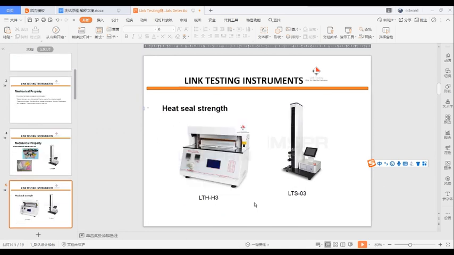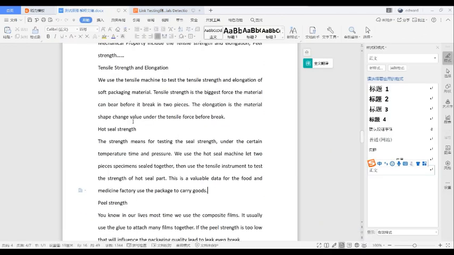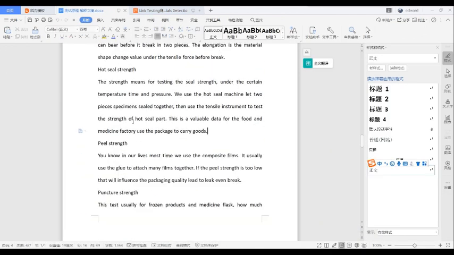Okay. This is the second property. We call it the heat seal strength. What does that mean? Heat seal strength means testing the seal strength at a certain temperature, pressure, and time.